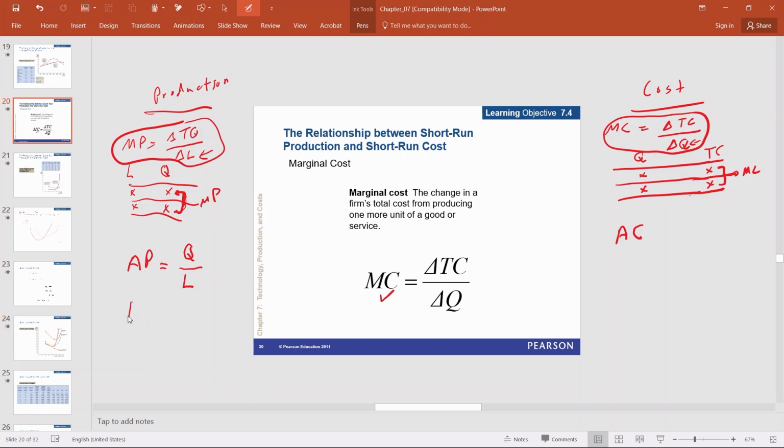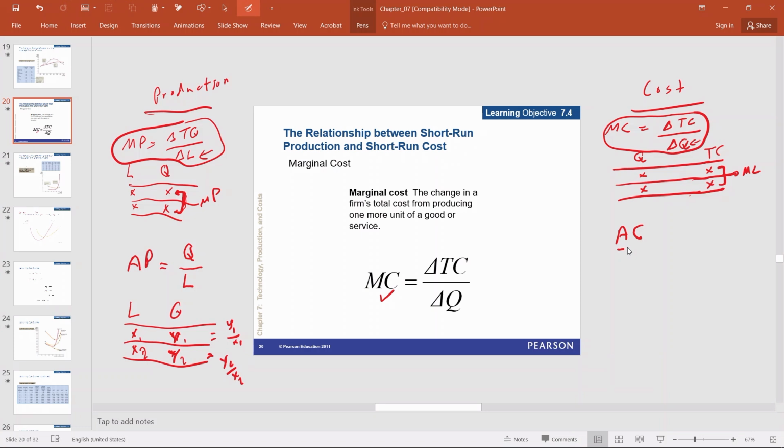So if you have L and Q, this is X, and let's call this Y. So x1 to y1 and y2. Here you divide y1 over x1 and here y2 over x2.